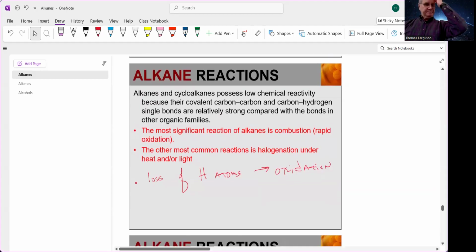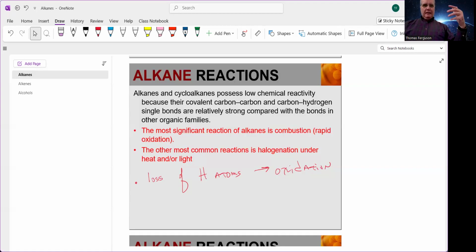Now, all organic compounds, I think without exception, almost all of them anyway, burn. So they all undergo combustion, not just alkanes. And that's important to understand because a lot of books leave out, once they pass alkanes, they forget to mention the combustion still goes on.